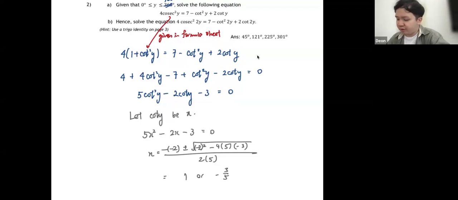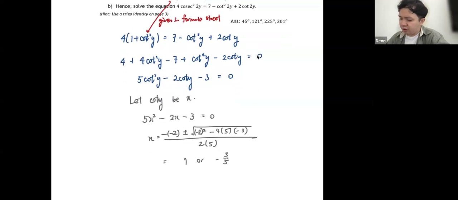I never change. So therefore, cotangent y is 1 or cotangent y equals to minus 3 over 5. So this is already quite basic, quite easy. But it's not one of the three that I want to use. I like to use sine, cosine, tangent. So now I need to convert this into sine, cosine, tangent.